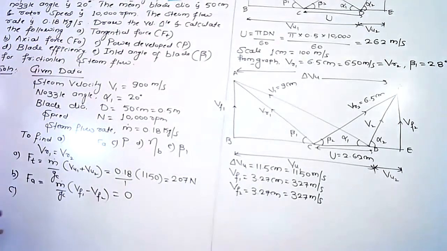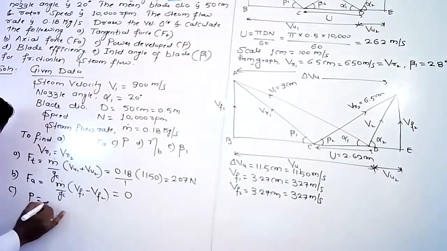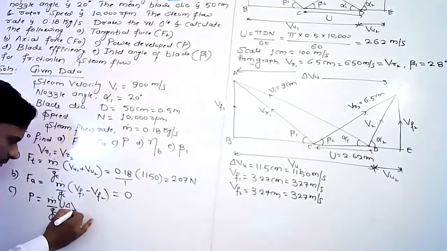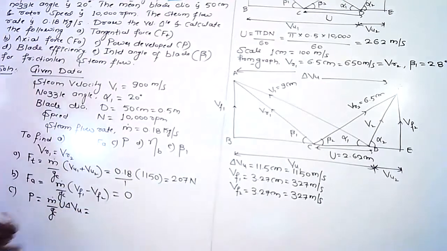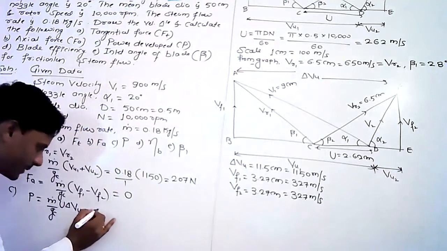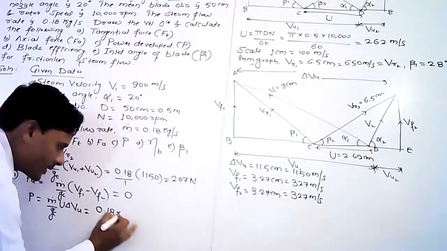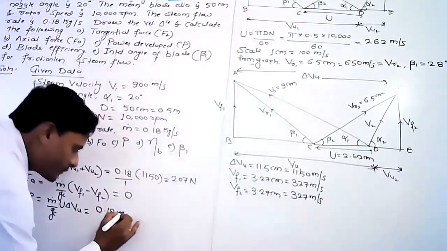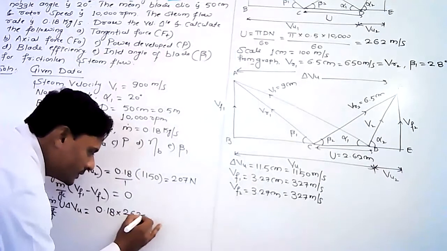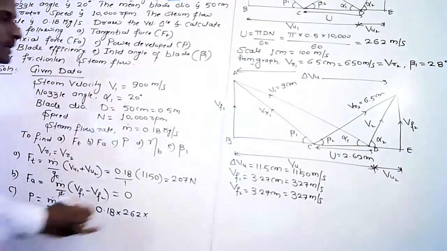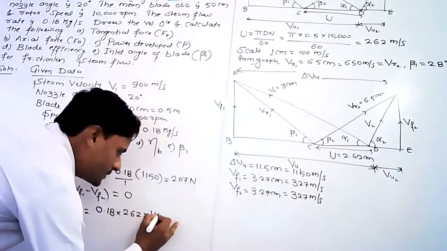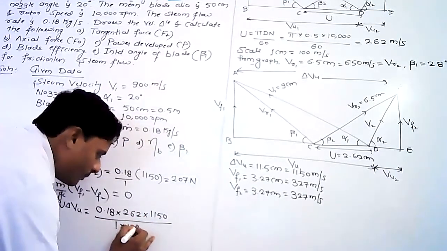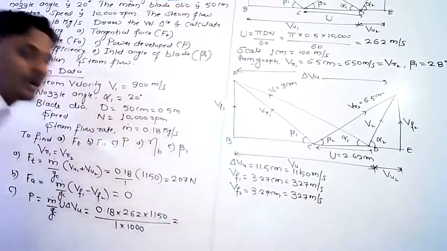Third bit is power P. Power P equals m dot by Gc into U into delta V. m dot is 0.18, into U is 262, into delta VU is 1150, divided by Gc which is 1, and if you want to get the power in terms of kilowatts, just divide by 1000.